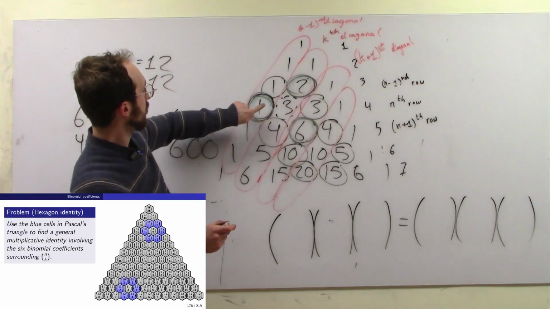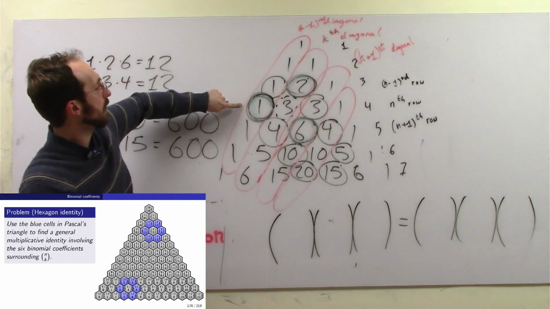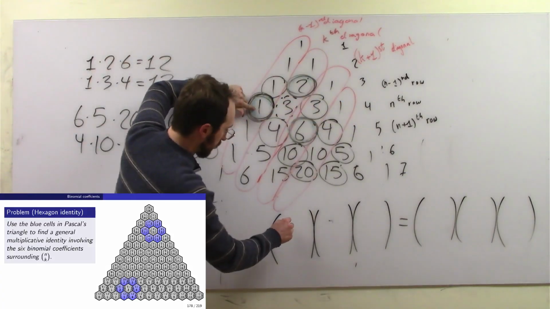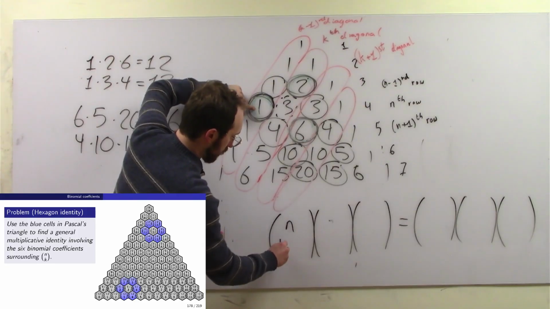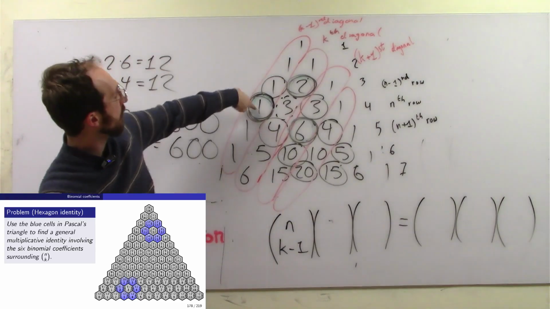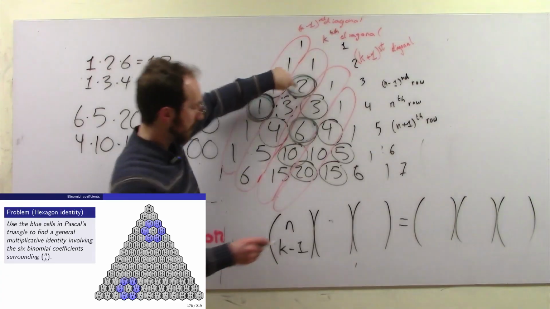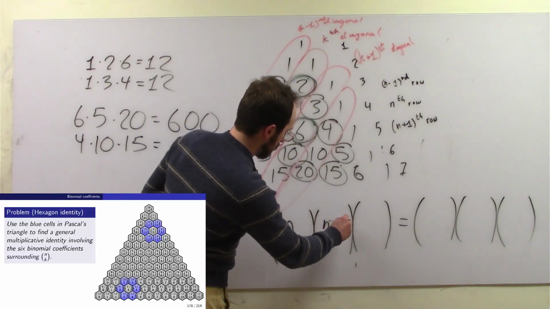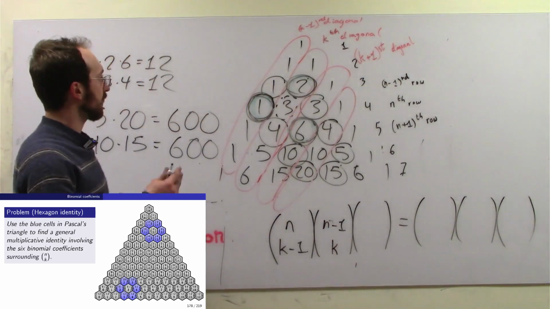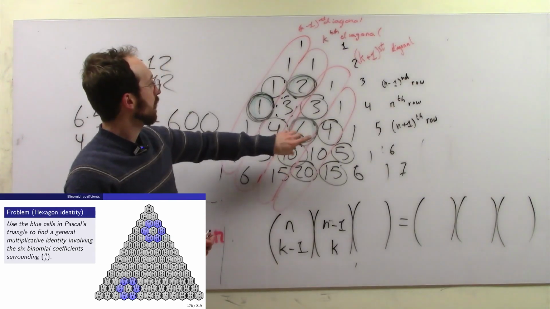So this 1, it's in our k minus 1 diagonal, and it's in our nth row. So this is going to be n choose k minus 1. And we're going to multiply that with, this is n minus 1 choose k. There wasn't really a particular order that I decided to choose these choose functions.